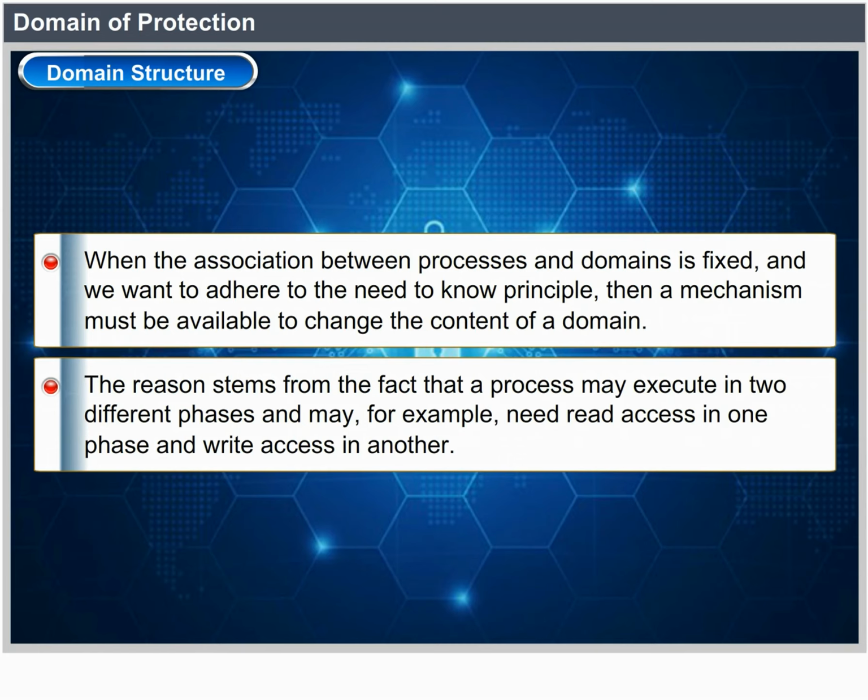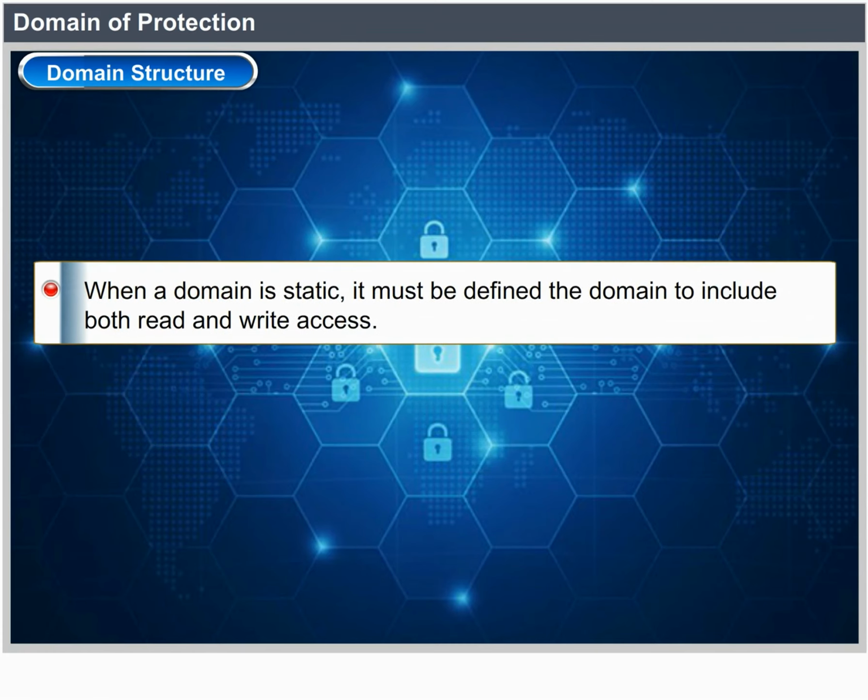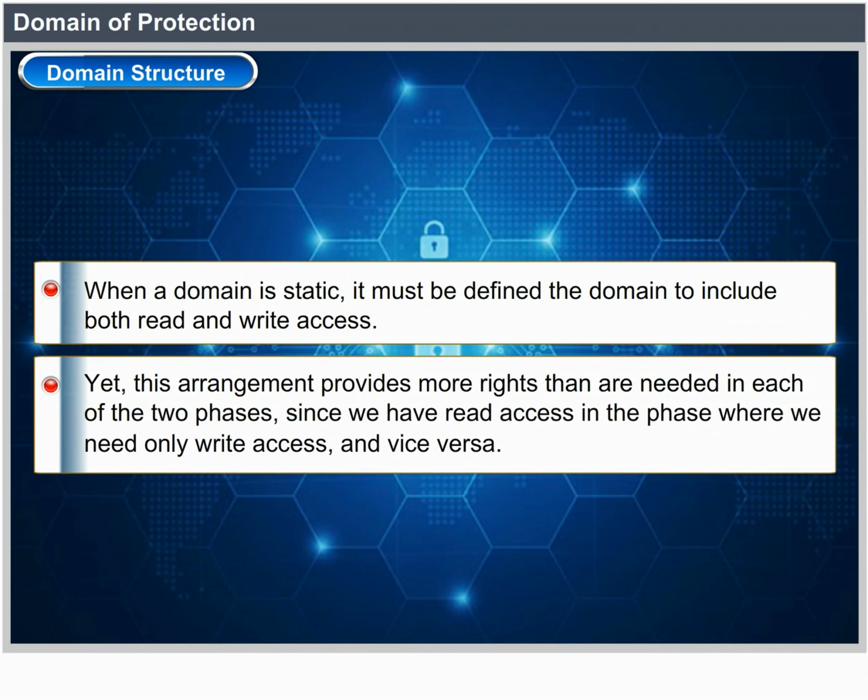If a domain is static, we must define the domain to include both read and write access. However, this arrangement provides more rights than are needed in each of the two phases, since we have read access in the phase where we need only write access and vice versa. Thus, the need-to-know principle is violated.